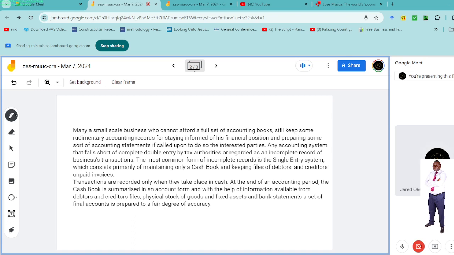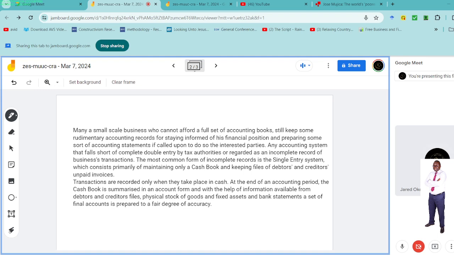So our duty then is to review these single entries and try to develop financial statements from them which can stand the test of time and which can be submitted for tax purposes, or when they want to get a loan or access some other services, things which can still be presented at the end of the day.